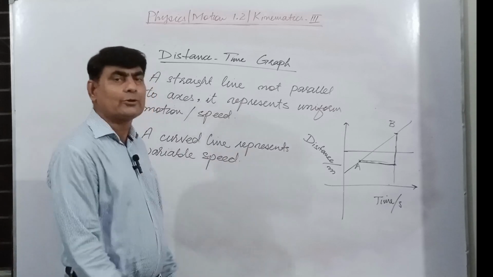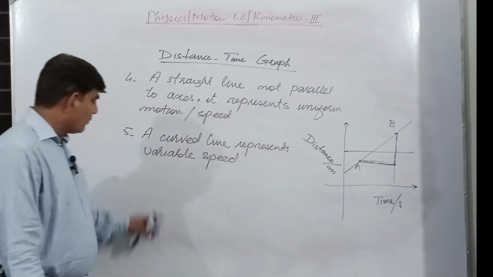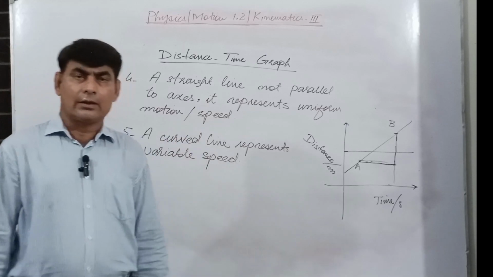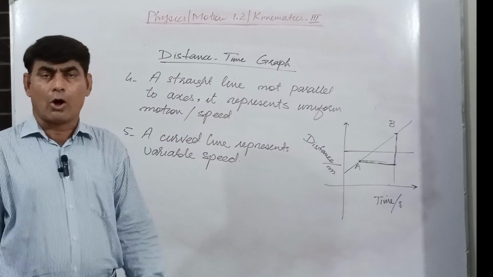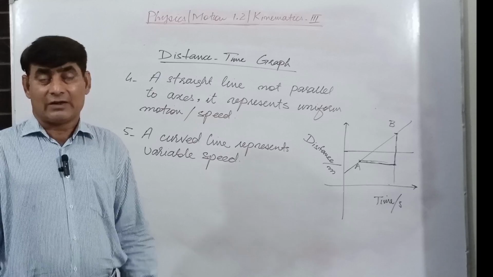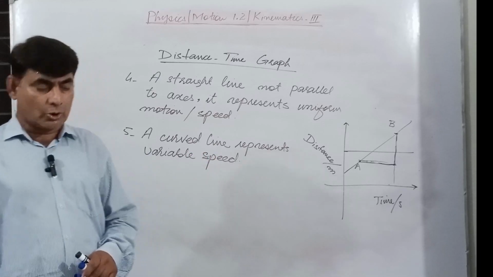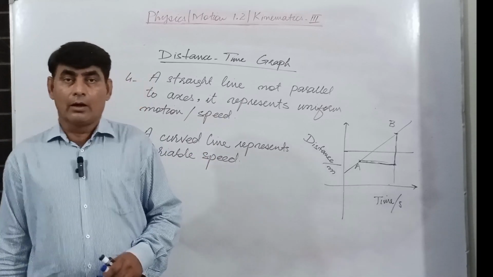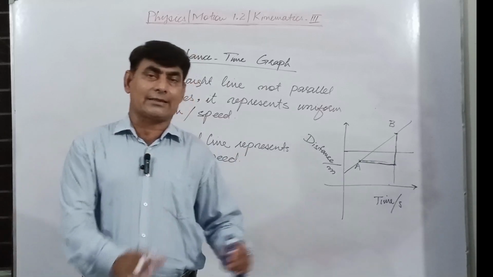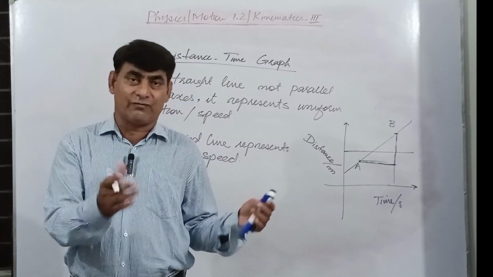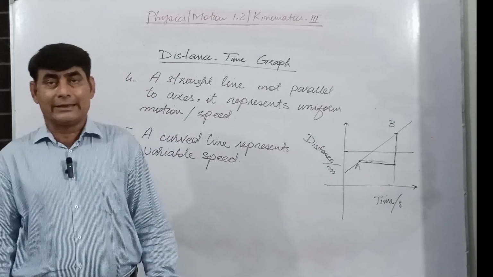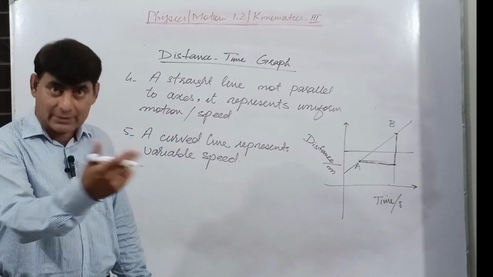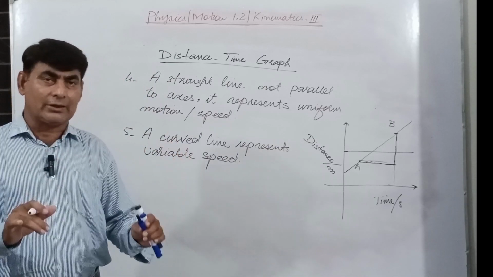But listen, there are two cases. Variable speed either increasing or decreasing. If speed is increasing, so larger distance is covered in the same interval of time. There is an increase in the distance covered for the same time duration.